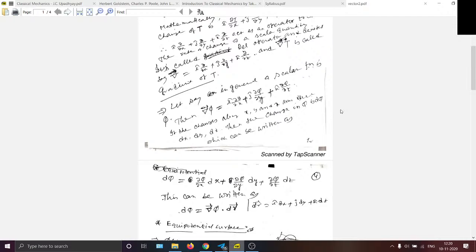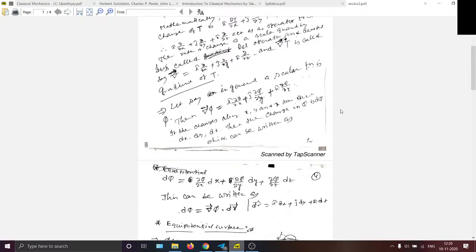Similarly, del phi del y multiplied by dy is the total change along y. Similarly for z also, del phi del z dz. So this will give you the total change in your function phi, that is d phi.